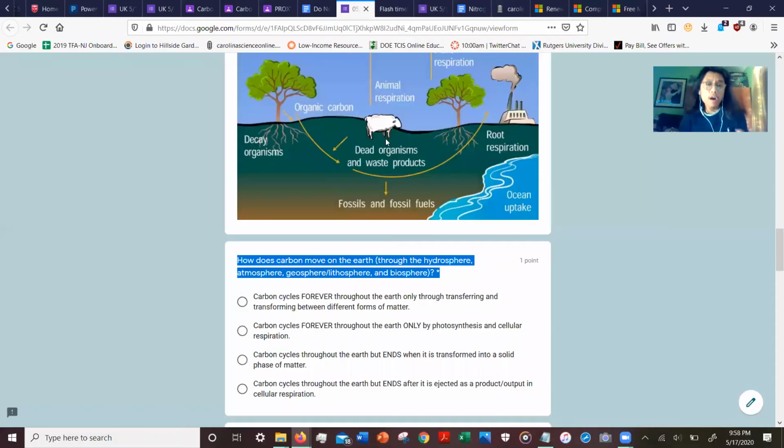Now, don't get me wrong, the carbon cycle can stop, and it can stop one of 2 ways. The first way is if the sun stopped shining and if it was night all along. And that has to do with the chemical equation of photosynthesis, which incorporates the element of carbon.